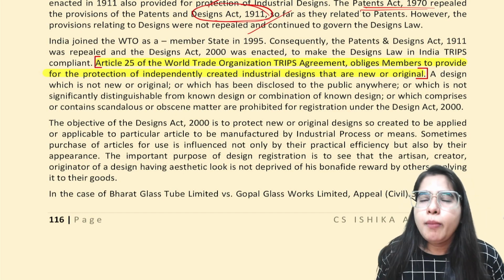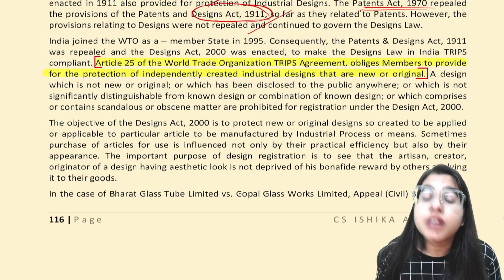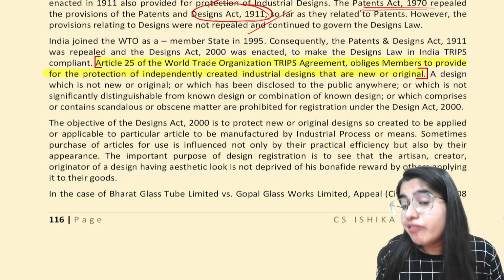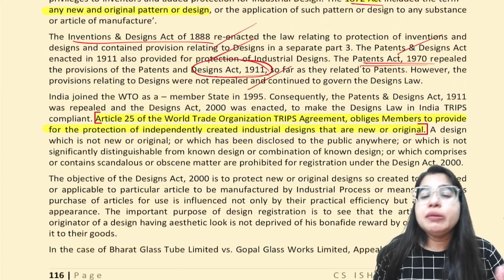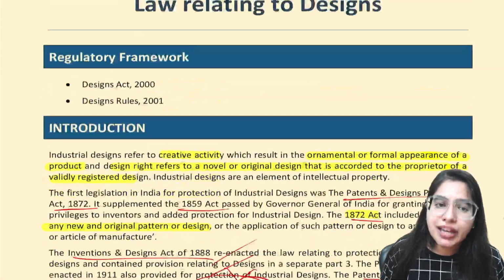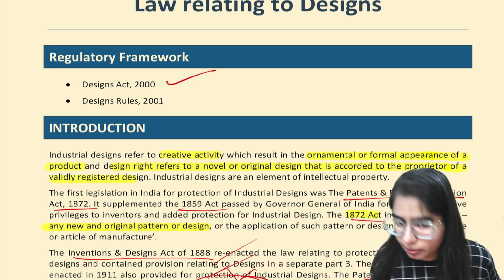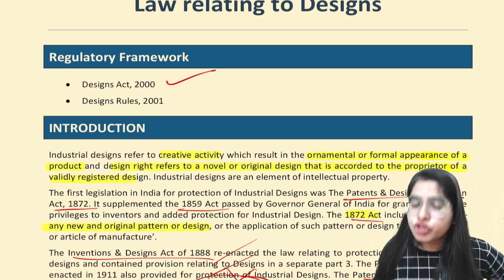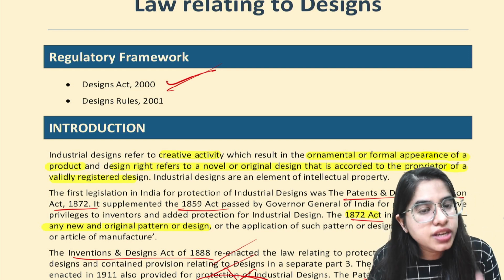Please understand that we have entered into an international agreement called the TRIPS agreement, and in order to make our Indian design law consistent with the international TRIPS agreement, we made an amendment, and the old Design Act 1911 was repealed. Later a new Design Act came, the Design Act 2000. Currently, Design Act 2000 is in force.